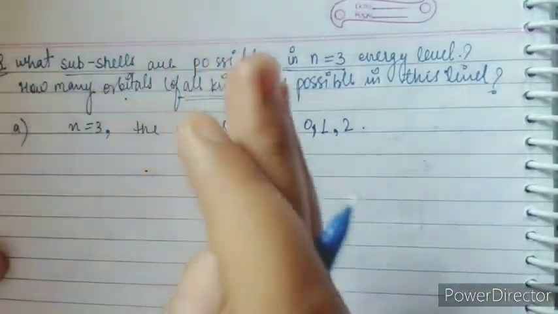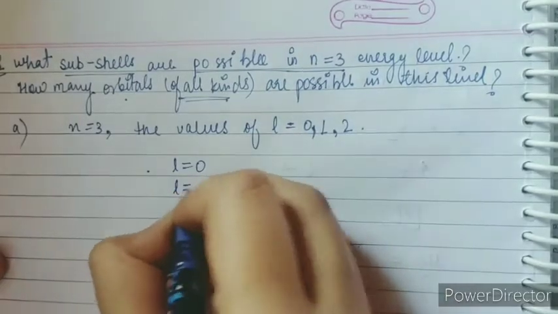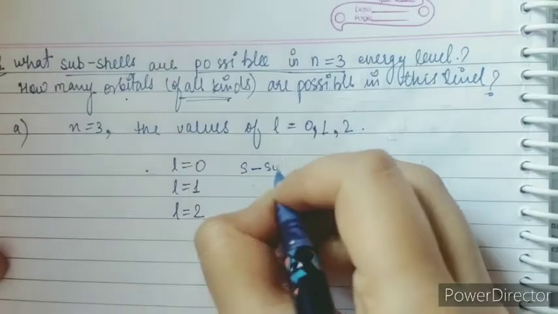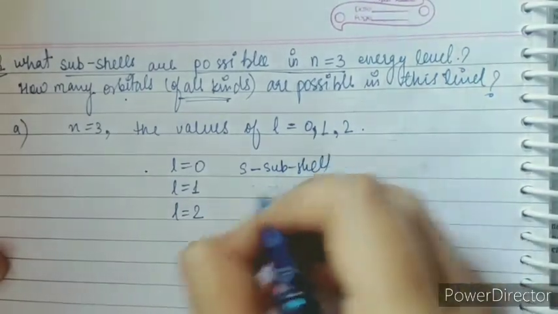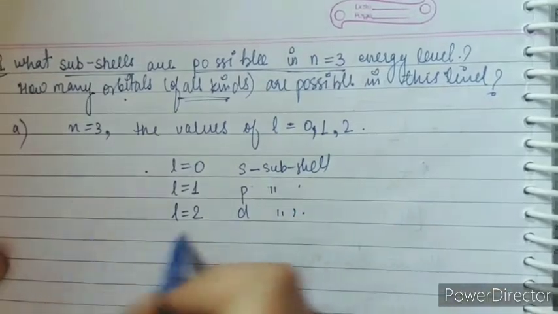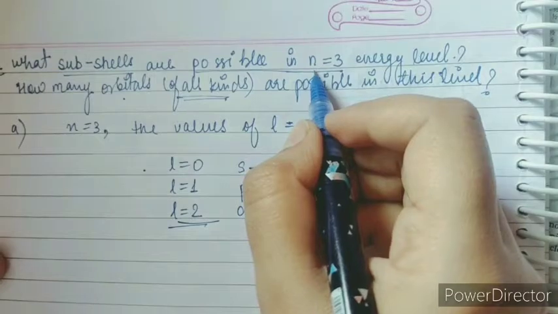The corresponding subshells are l equals 0, l equals 1, l equals 2: the s, p and d subshells. These are the possible subshells for energy level n equals 3.